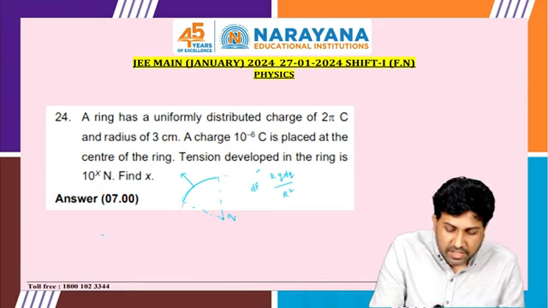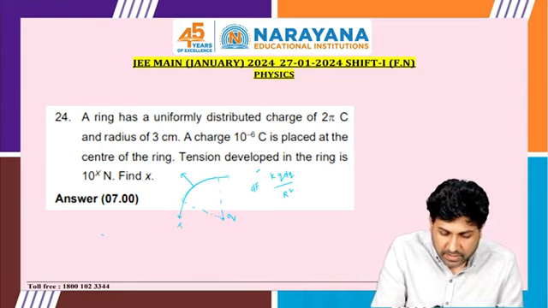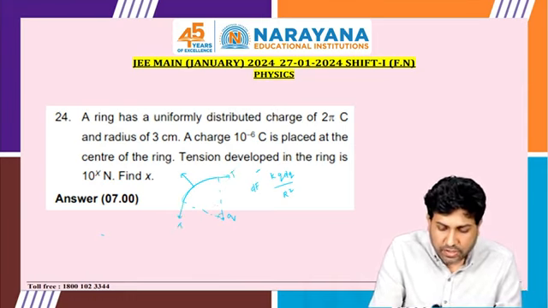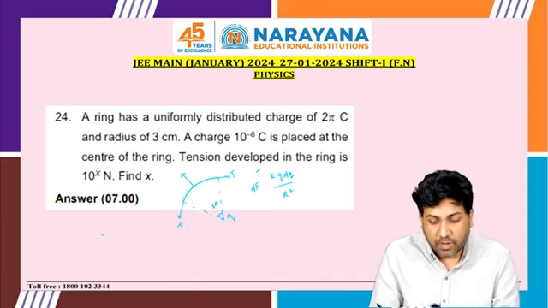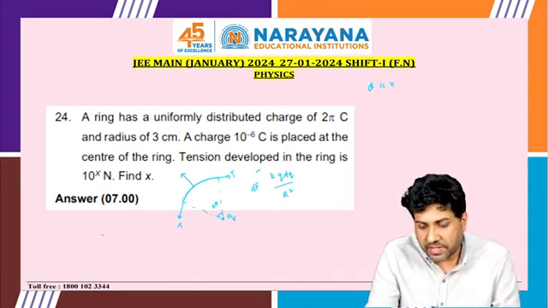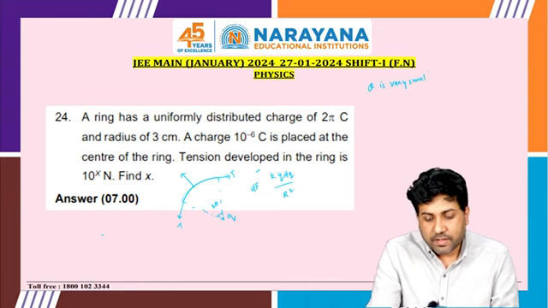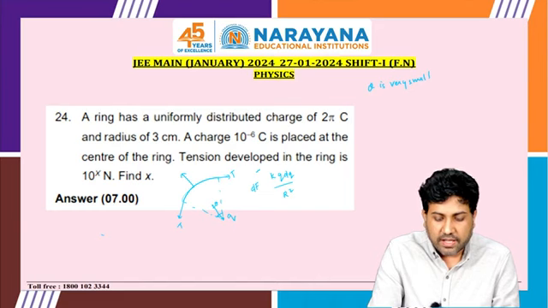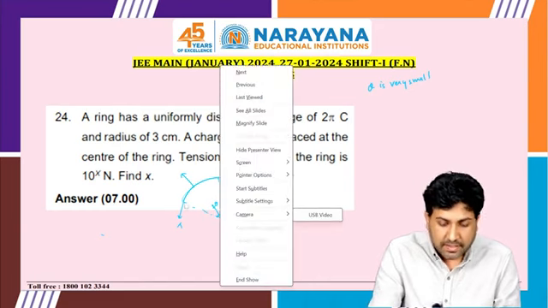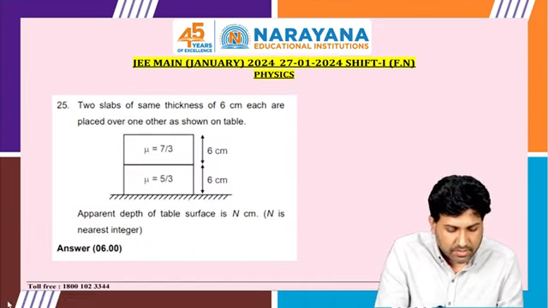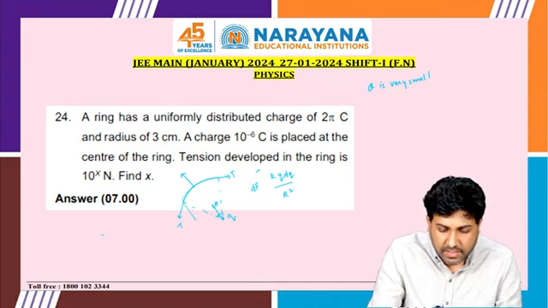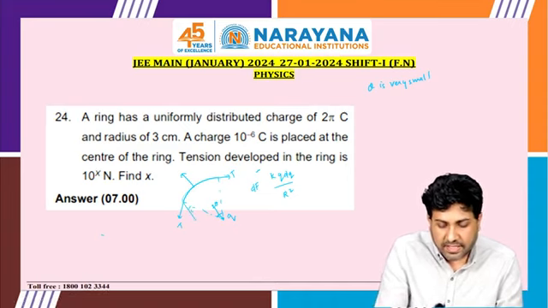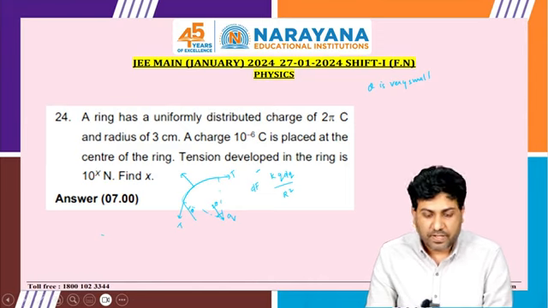And the tension here, let's say, is T, and from here also it is T, and let's say this angle is 2 theta, but remember theta is very small. Now this angle is also theta, this angle is also theta.